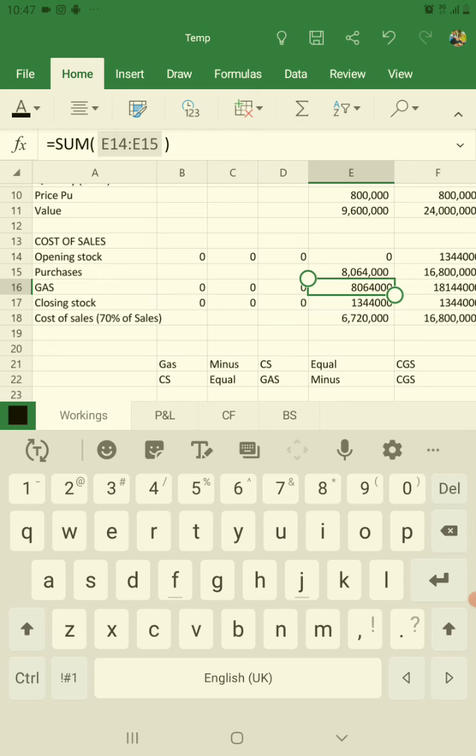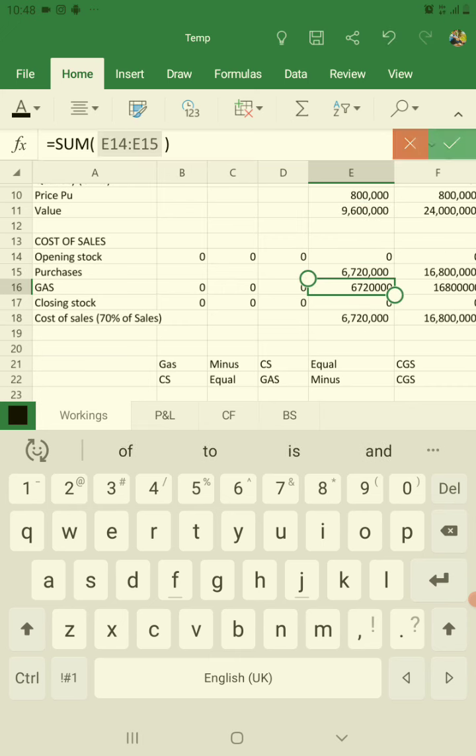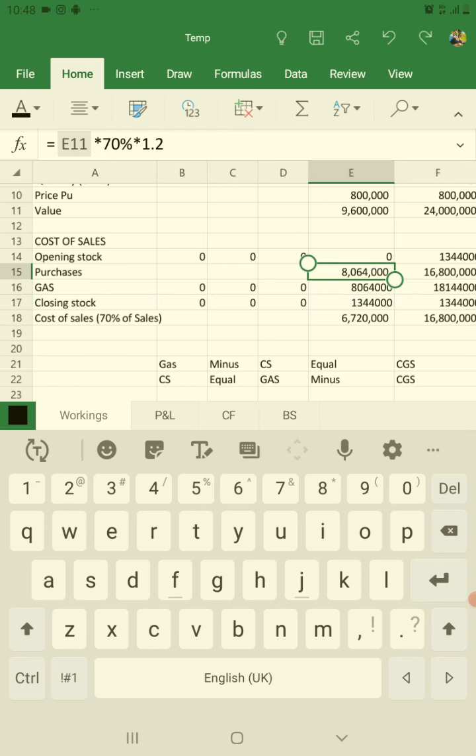There was 0 in the closing stock. Okay, let me demonstrate that. If I remove this 1.2 and remain with the former, you see the closing stock is 0. But after adding 1.2, then I've got the closing stock figure.